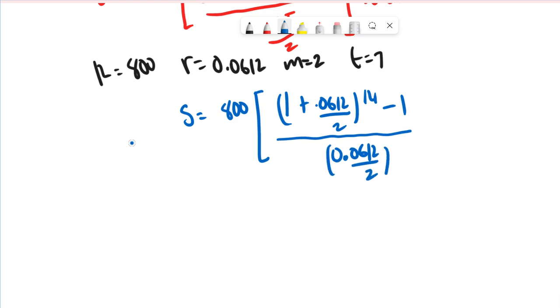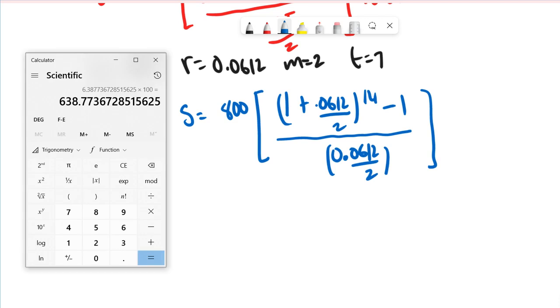And then we're going to go ahead and just plug this into the calculator at this point. Interestingly enough, if you take this course through a business school, more than likely you're using something called annuity tables. If you're in insurance, more than likely you might have looked at amortization tables and things like that.